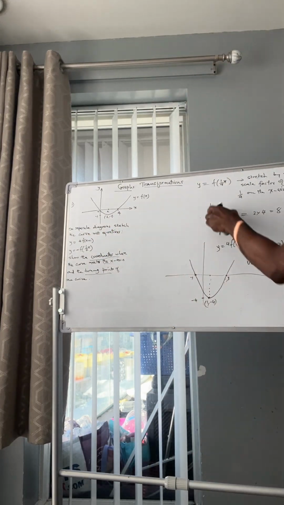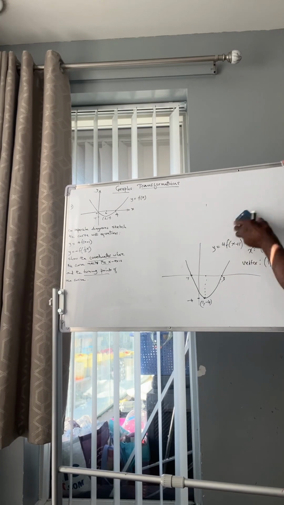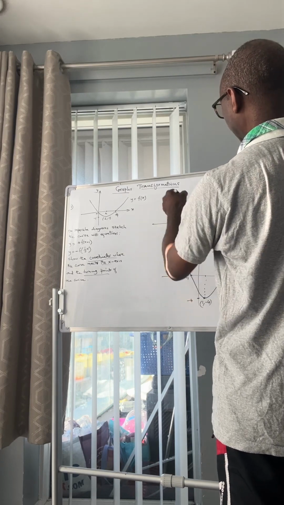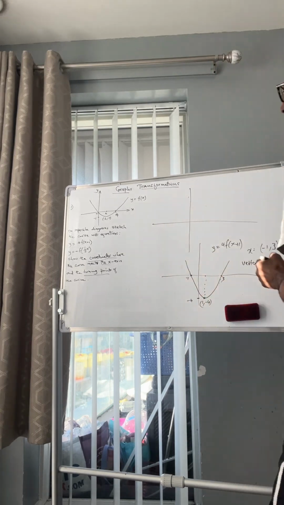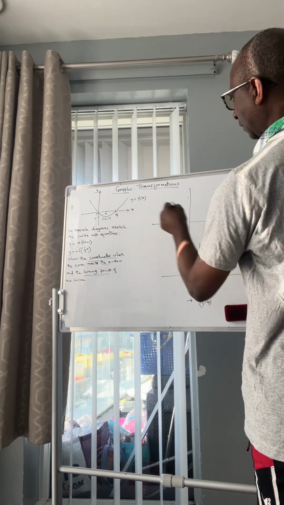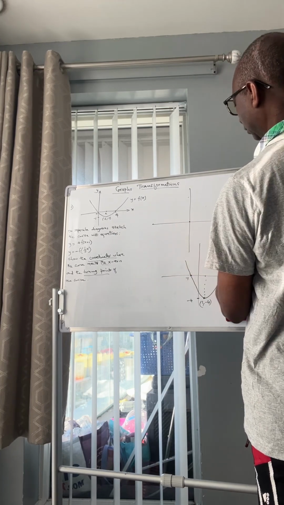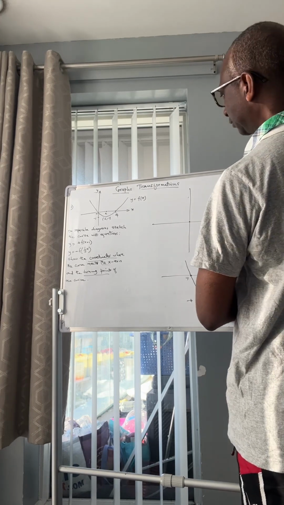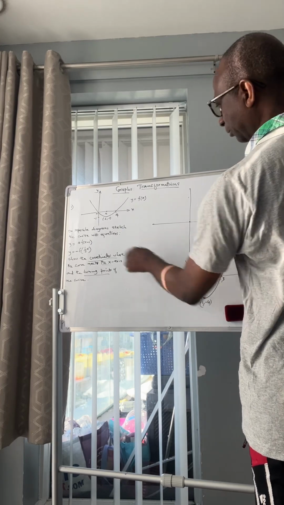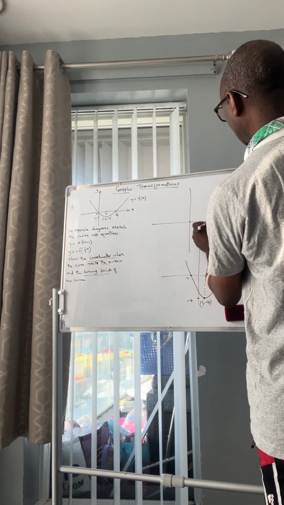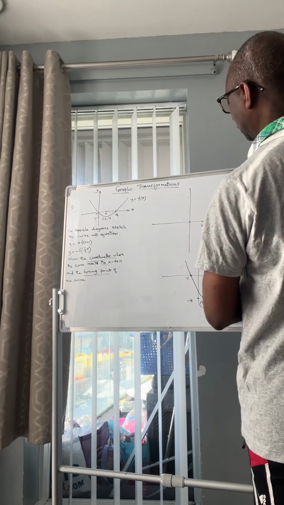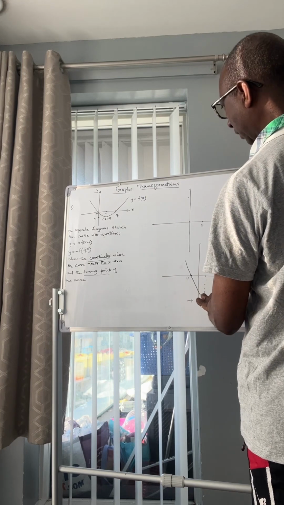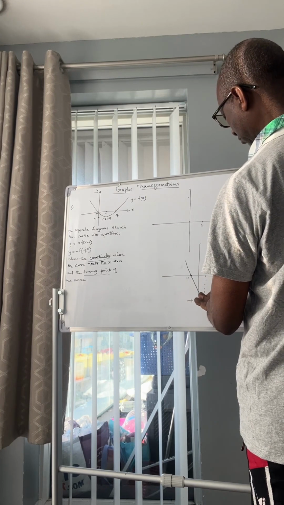So let's draw it here. You have 0 here, 2, 4, 6, 8. We'll make it big now. And because of this minus sign, this is 2, 4, 6, 8 units. It was here 1, comma minus 4.